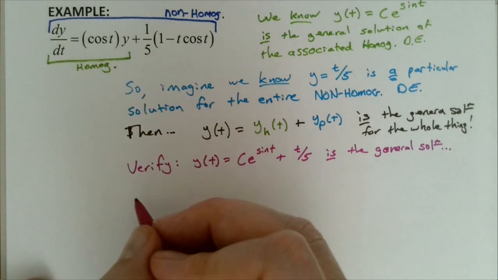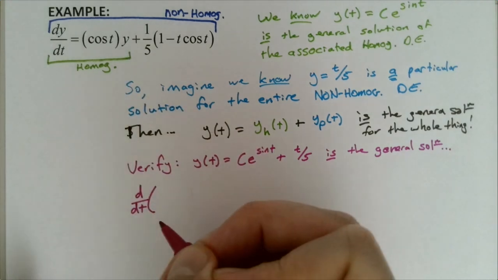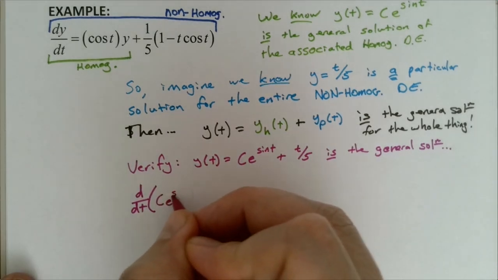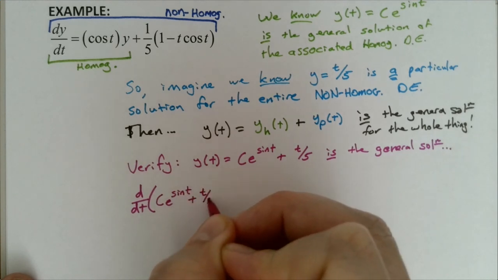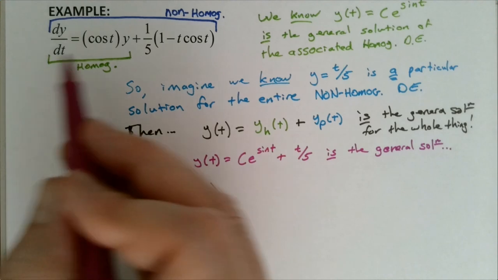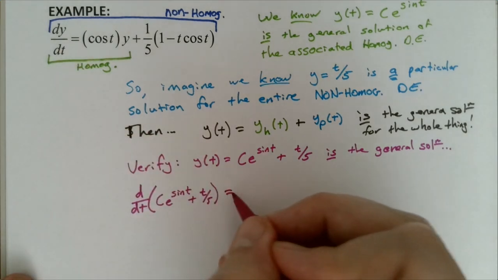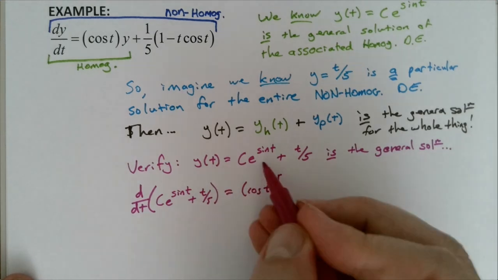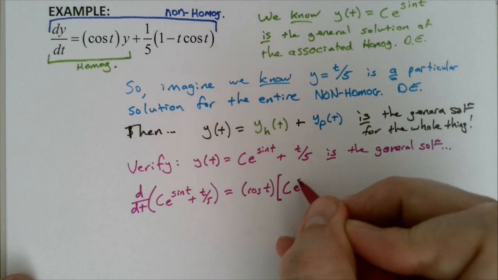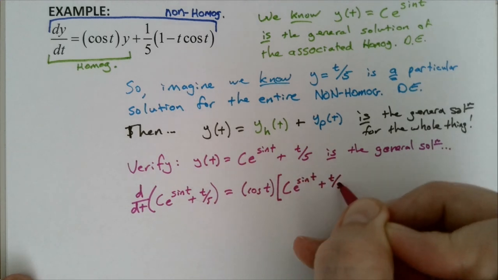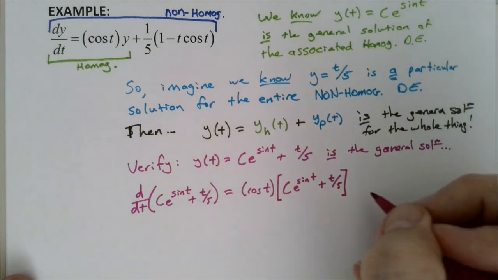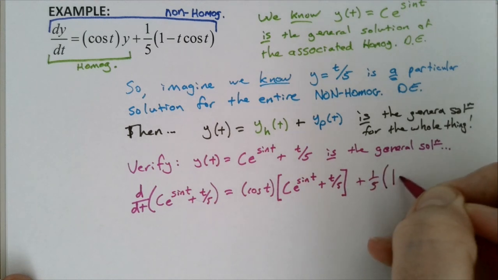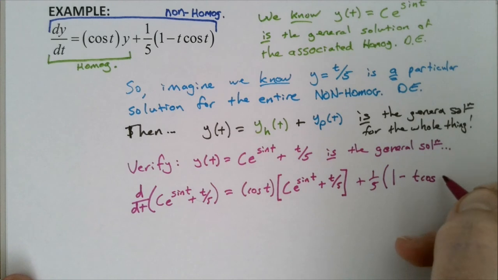So d dt of c e to the sine t plus t over 5 has got to be equal to cosine of t times, again, the same y, c e to the sine t plus t over 5, plus 1/5 times the quantity 1 minus t cosine t.